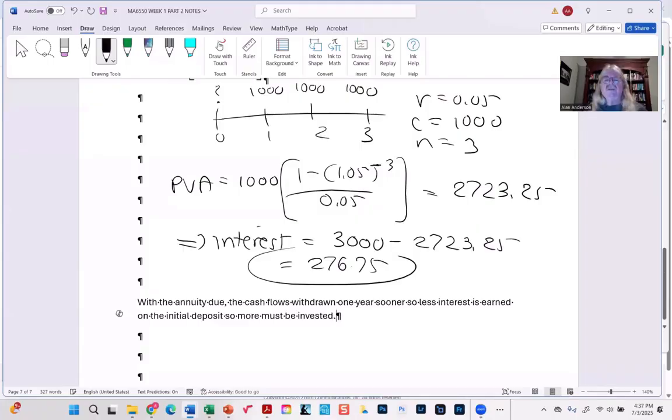And the surprising result here is that the PVA of an ordinary annuity times 1 plus R gives us the PVA of an annuity due. In other words, it's exactly the same as what we had with the future value. I'll just quickly put that back here again. You'd think it would be the other way around, but it's not.